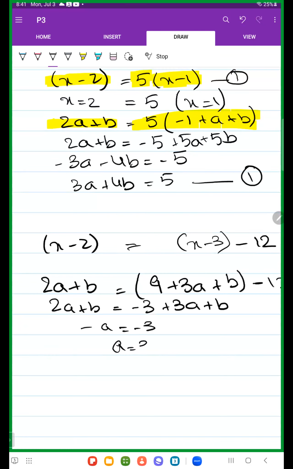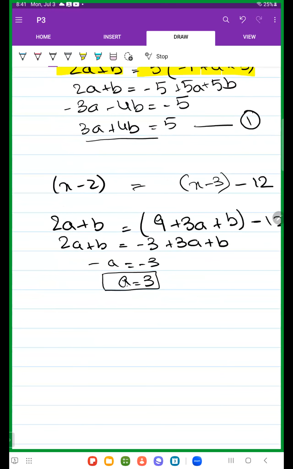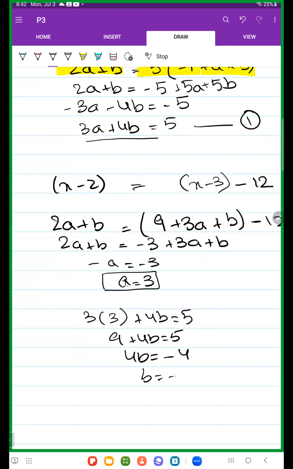So a is equal to 3. Then you can plug this a in this equation and find out b. So 3 into 3 plus 4b is equal to 5. 9 plus 4b is equal to 5. 4b is equal to 5 minus 9. So b is minus 1.